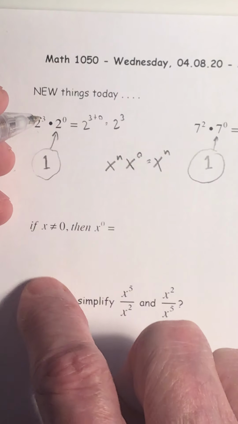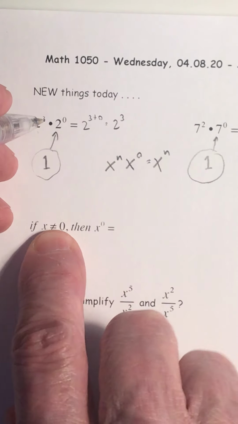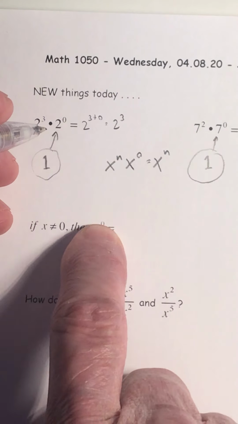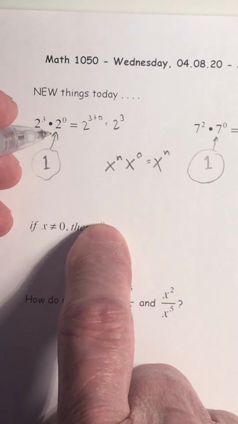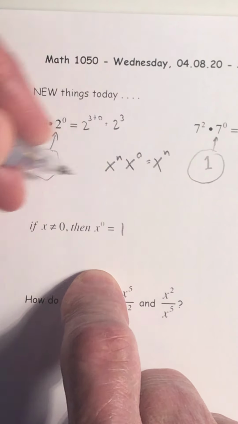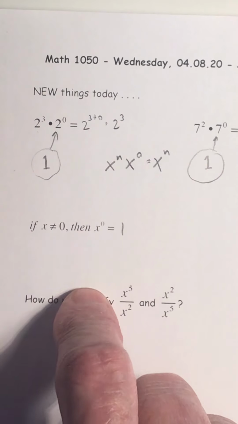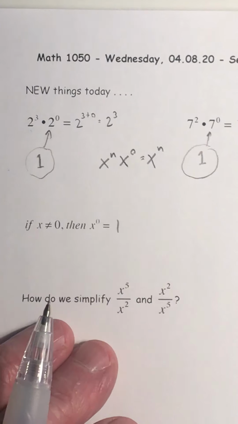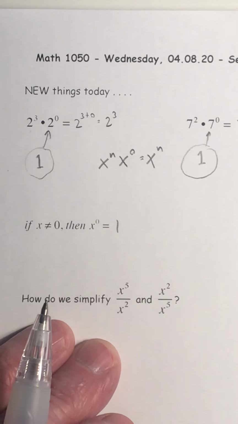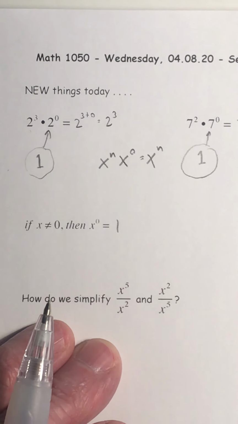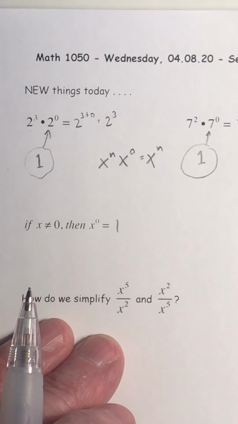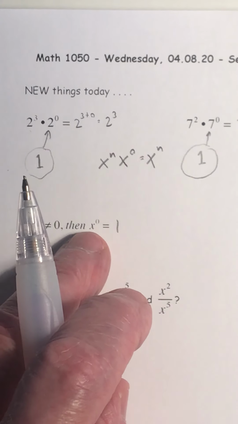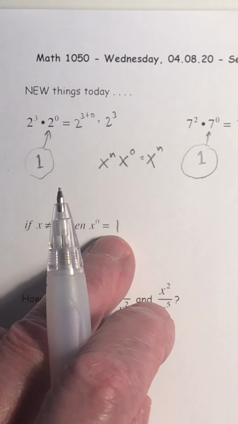And so we can say that x to the 0 power, meaning any number to the 0 power, equals 1, except 0 itself. 0 to the 0 power is undefined. And we'll talk about that some more after we get a few other ideas out of the way. It won't make much sense right now. But anything except 0 to the 0 power equals 1.